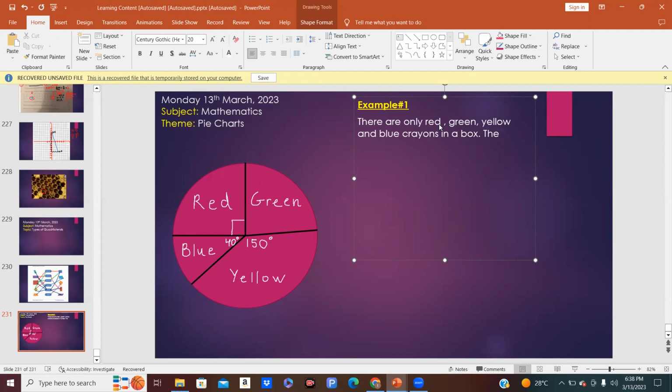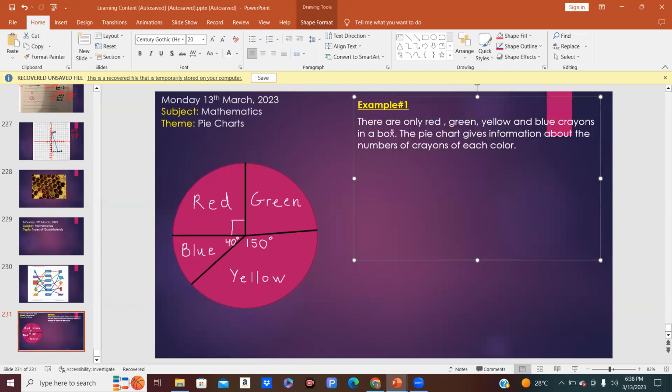The pie chart gives information about the numbers of crayons of each color. Just like the introduction to all of this.